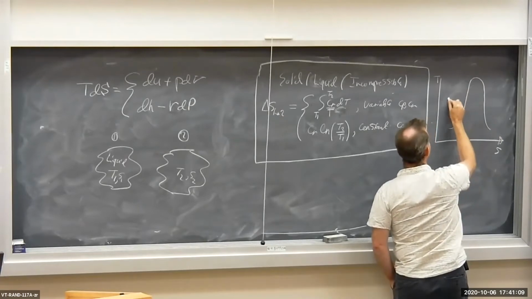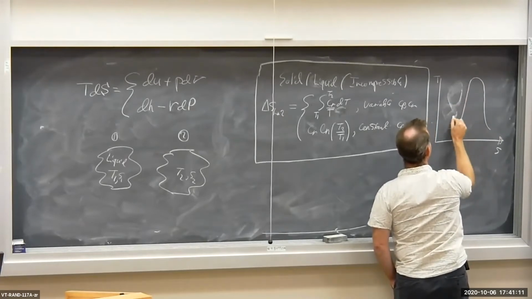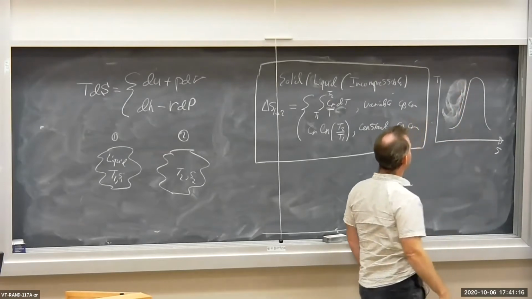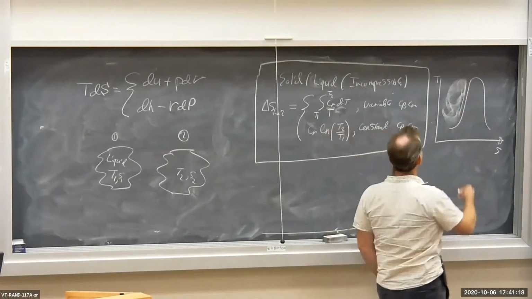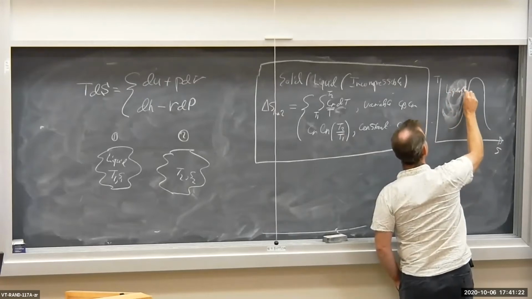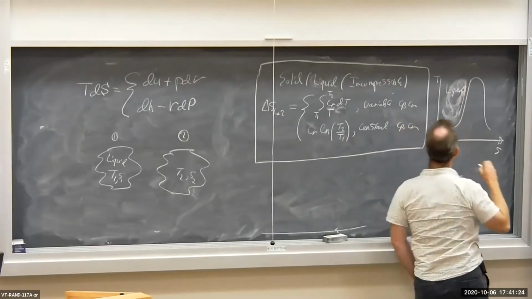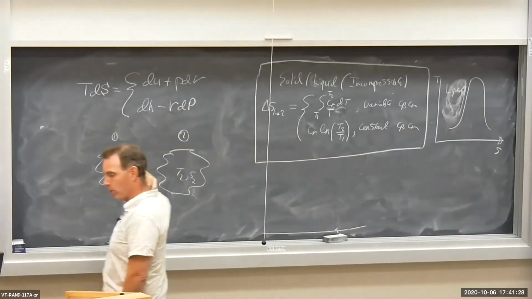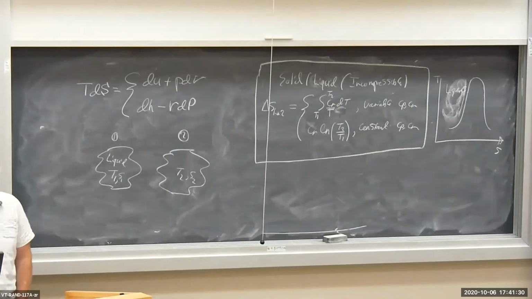So I'm interested in calculating delta S out in this region here. So this is for liquids, that's out here, okay? So that's how we calculate delta S to the left of the saturation dome, okay?